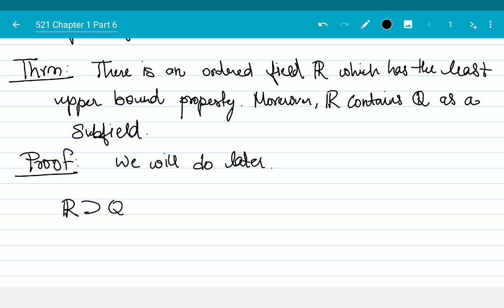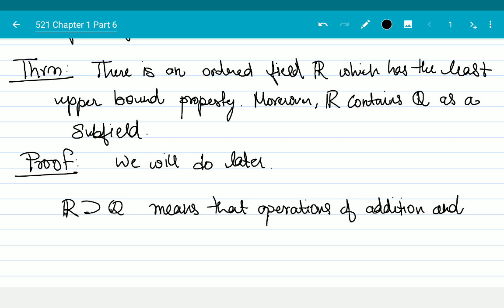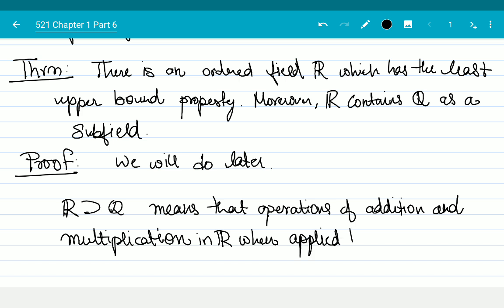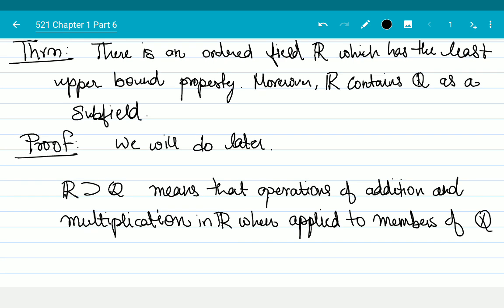R contains Q means that the operations of addition and multiplication in R, when restricted to Q, that is, applied to members of Q, coincide with the operations on Q.